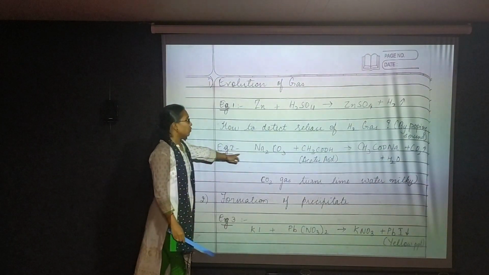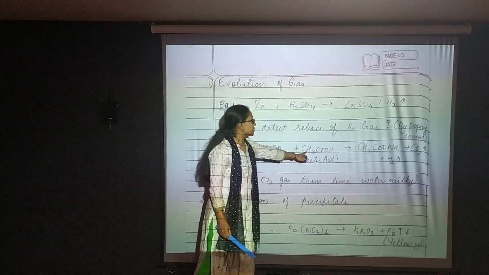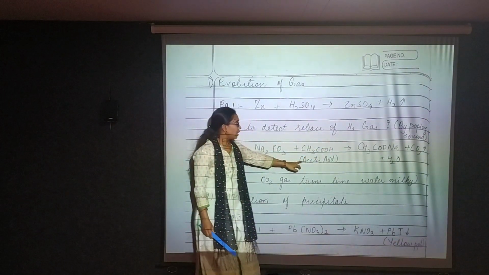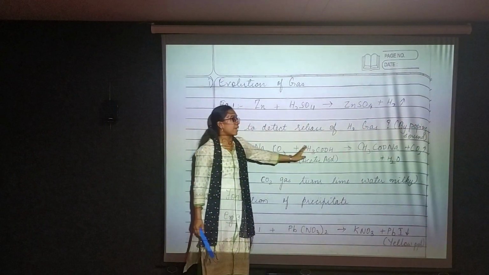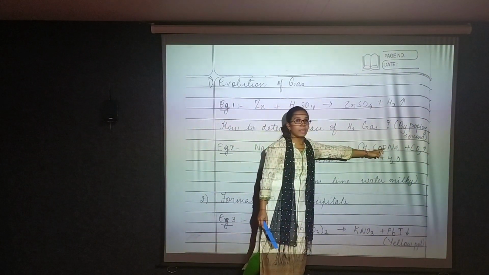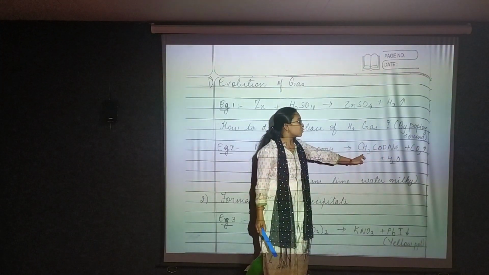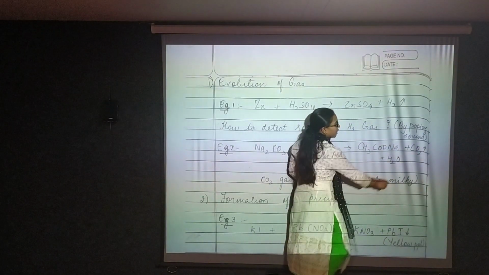Next is example 2, Na2CO3, that is sodium carbonate, plus CH3COOH, acetic acid. When you combine sodium carbonate and acetic acid, you will get CH3COONa, that is sodium acetate, plus CO2 gas. Here also you can see the arrow.